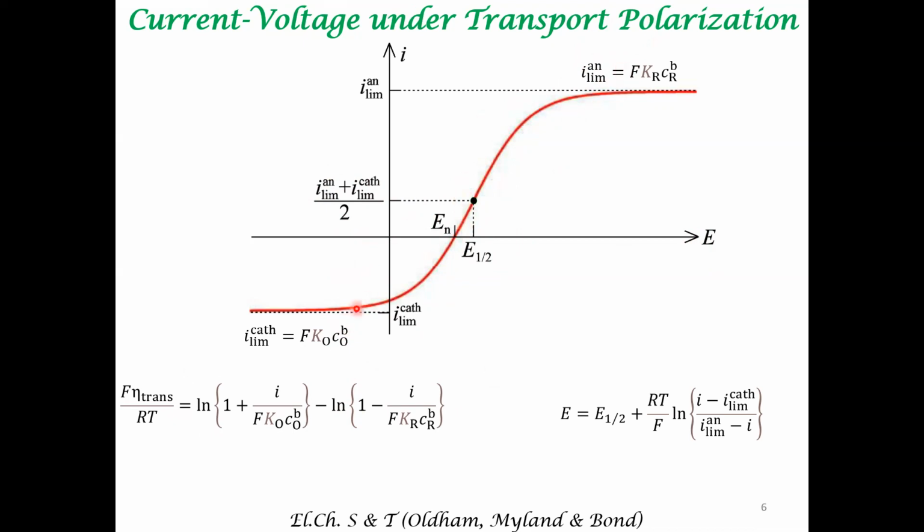These are the two maximum values I can get in the anodic and cathodic regions, and this is half that current, and the potential corresponding to that value. I can rewrite this where E half is given by this quantity. These are all very trivial mathematical rewritings. There is no more conceptual content to these equations. They are all various forms of the same equation.